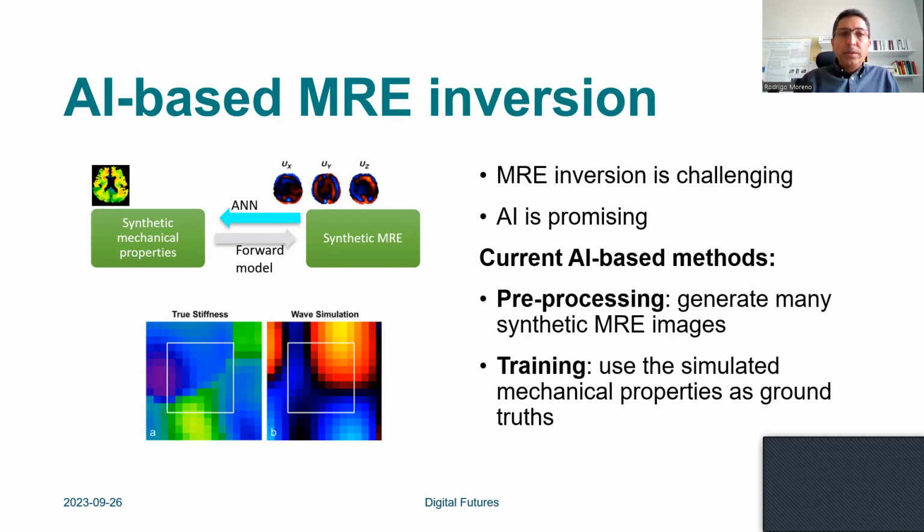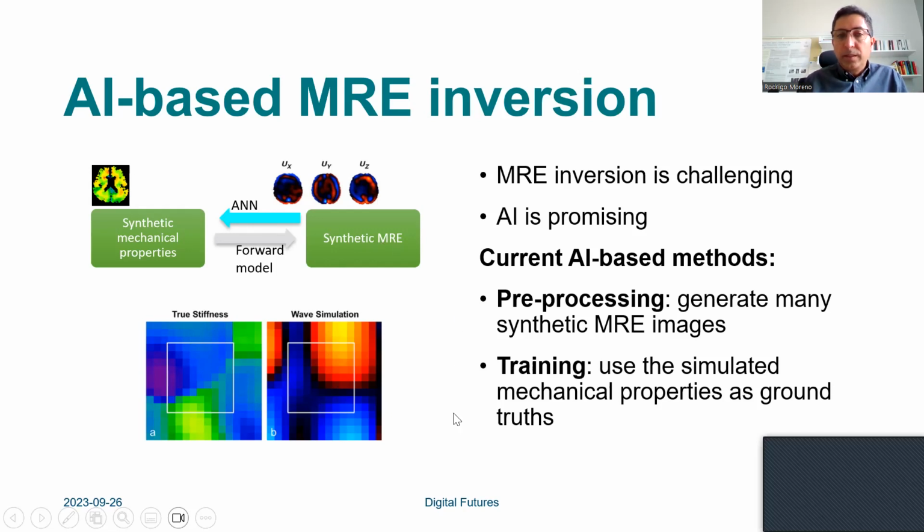And then we moved on to creating a new AI-based MRE inversion. So there is this method from the literature. Basically, what they do is create simulated stiffnesses, and then they use the equations of wave propagation to simulate the wave images, and then they have this as an input, and this should be the output for training a neural network.